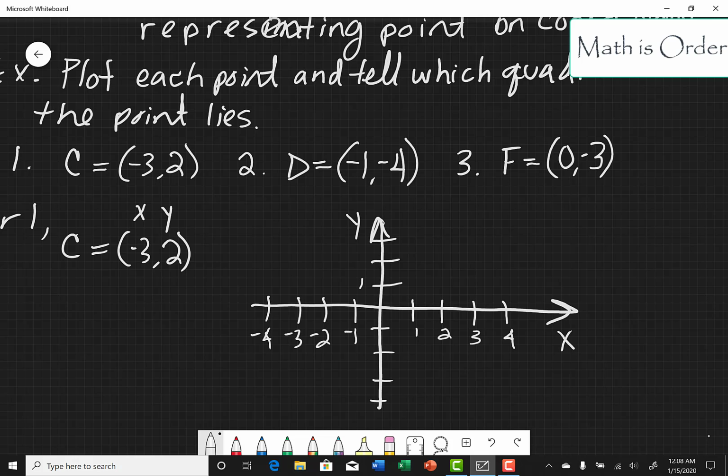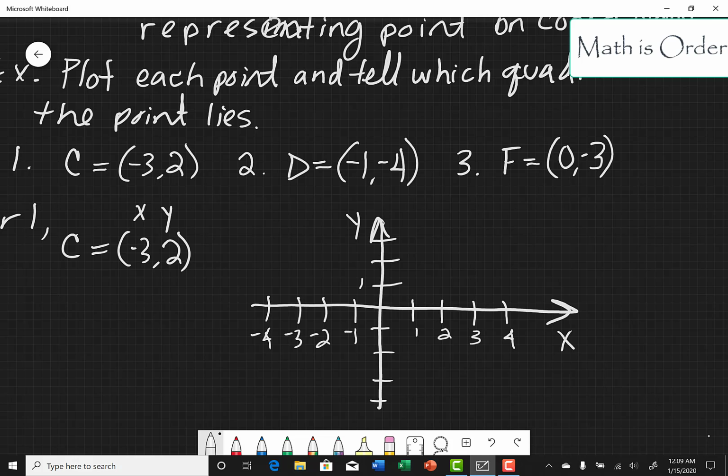If these were 5 and 13, I would probably count by 2s or 3s so that I can fit the coordinates onto the coordinate plane. But because this is -3 and 2, these are small values, so I don't need to count by big increments.